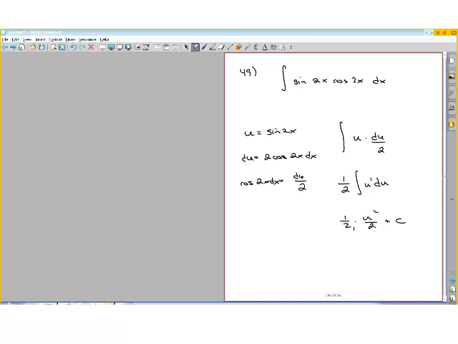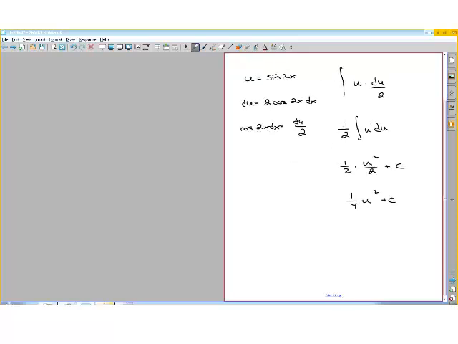Then you multiply 1/2 times 1/2, so you get 1/4 u squared plus c, and then you plug u back in, and we get 1/4 times the sine of 2x quantity squared plus c, and that's the same as 1/4 the sine squared of 2x plus c.